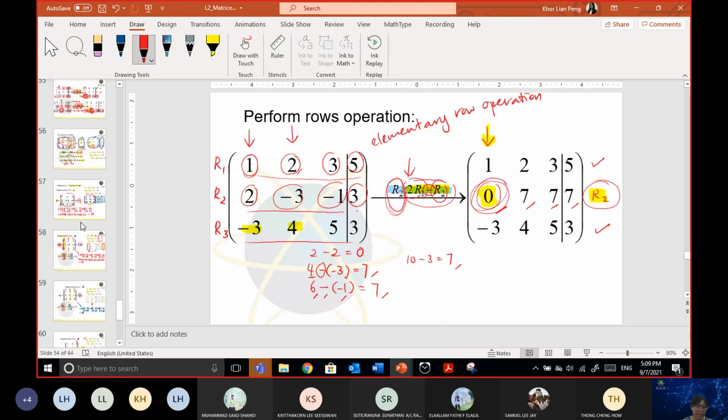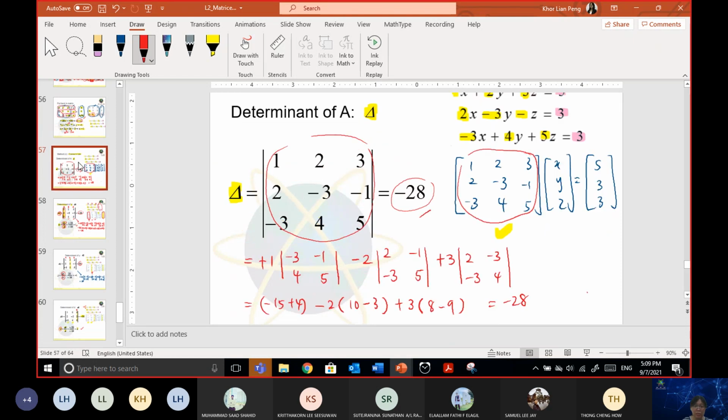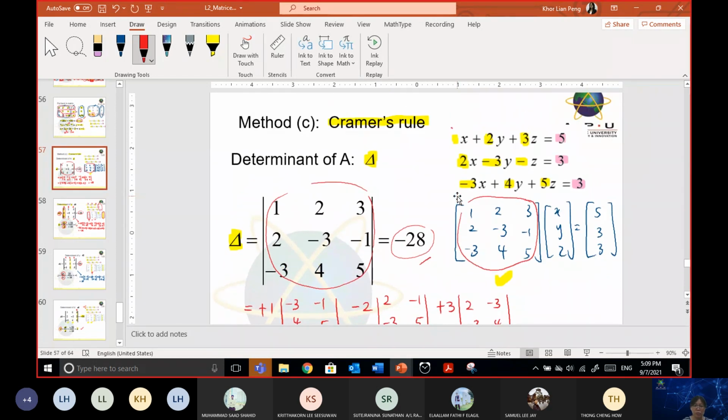The second method I went through with you is Cramer's rule. When you solve using Cramer's rule, first we find the determinant of the matrix of coefficients of the unknowns x, y, z from the equation.